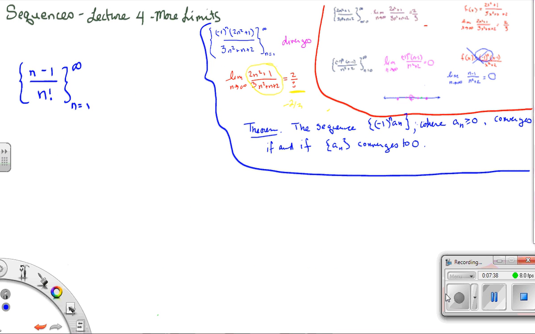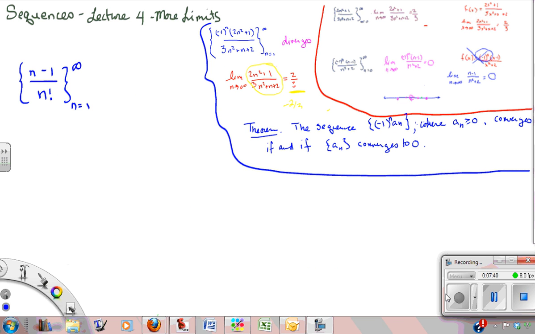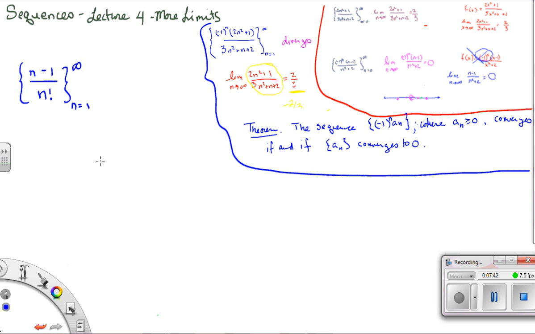Okay, so now let's look at this sequence here. This sequence is a little bit weird because, well, if we go to define f of x, let's just put this down and see if we can make sense of this. It's a lot like the last thing we just looked at. If we try to define this as a function of the reals, not just the natural numbers, what's wrong with this?